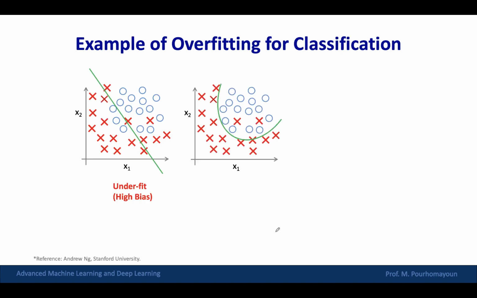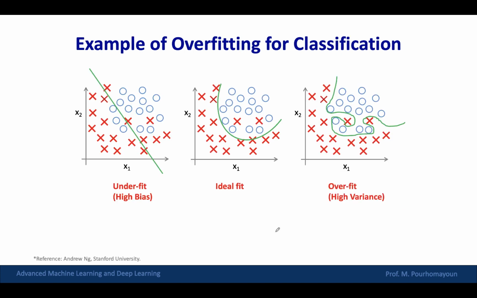We have the same thing for classification, okay? In the classification case, this is my data, and probably I can easily classify this data using this model, which looks like a quadratic classifier.